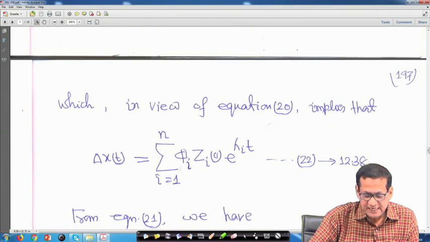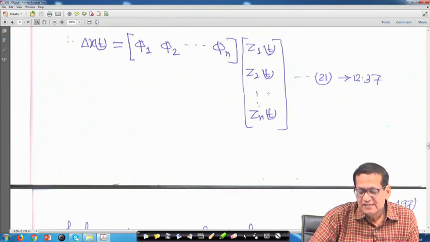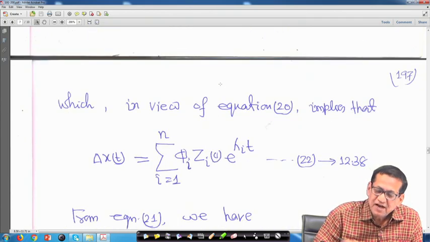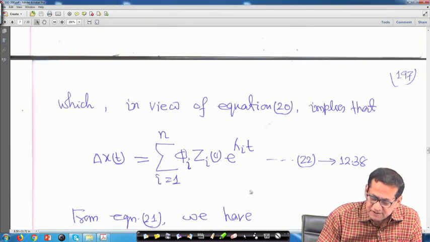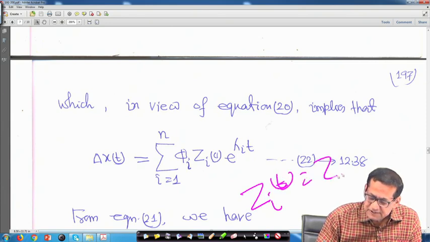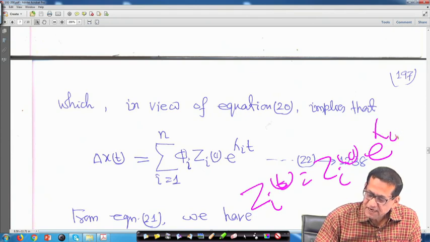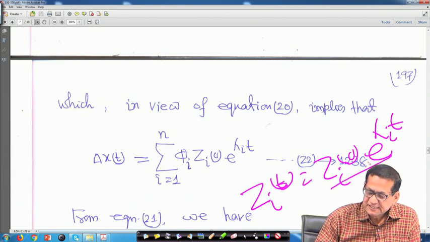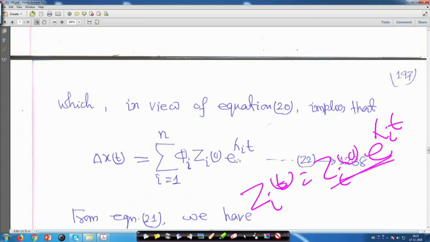So we are replacing z i t by z i 0 e to the power lambda i t, with the summation from i equal to 1 to n.